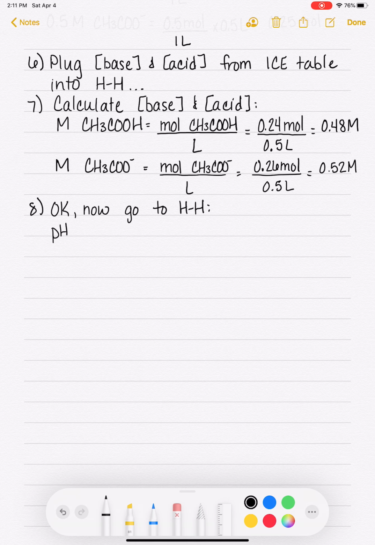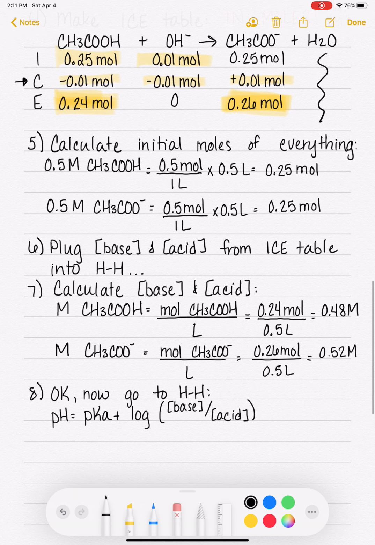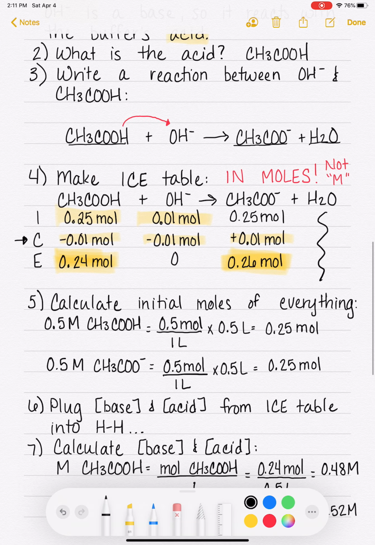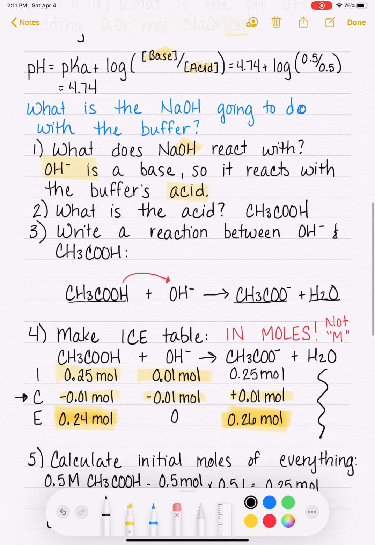pH equals pKa plus the log of the concentration of the base over the concentration of the acid. We have to start by finding the pKa. Let's go back to the problem and see if we were given the pKa or maybe we were given the Ka.